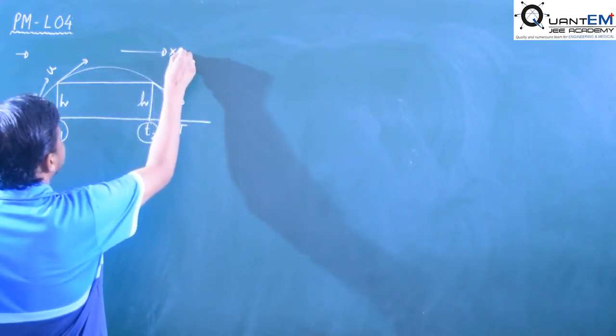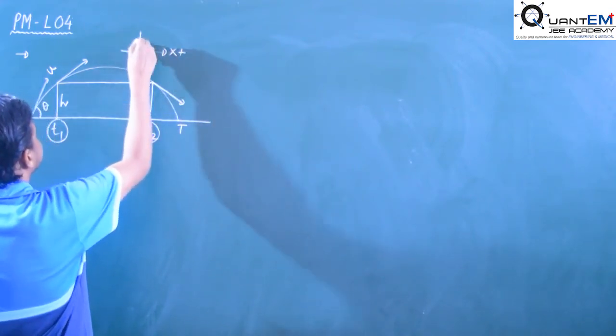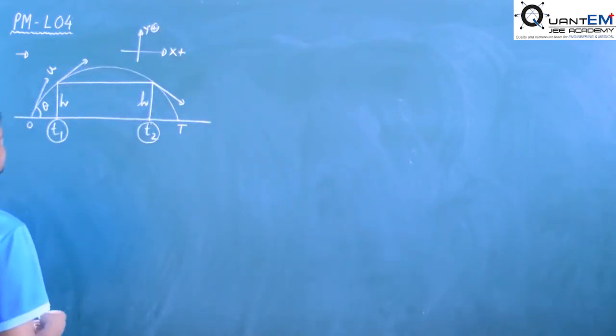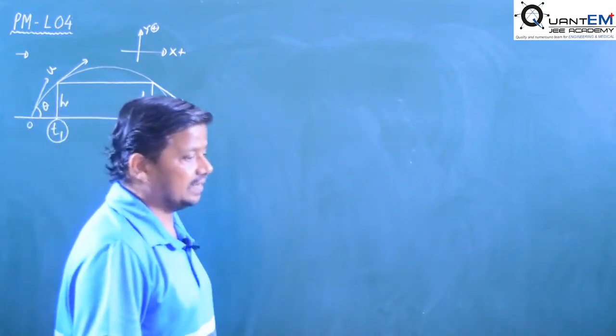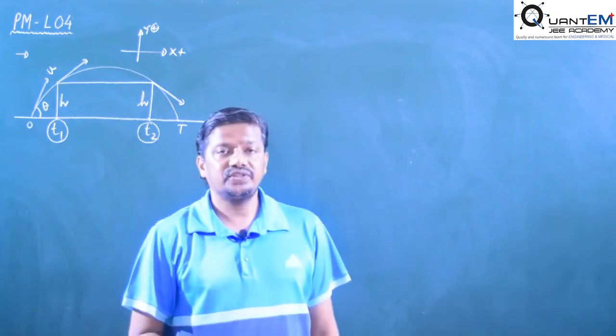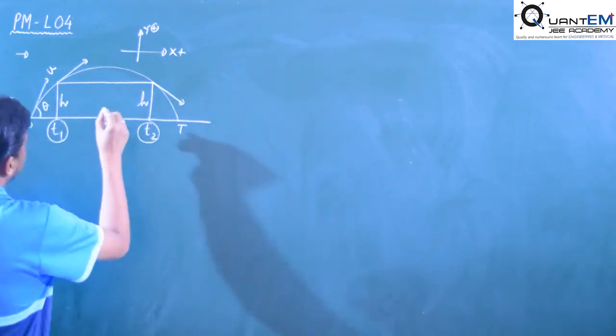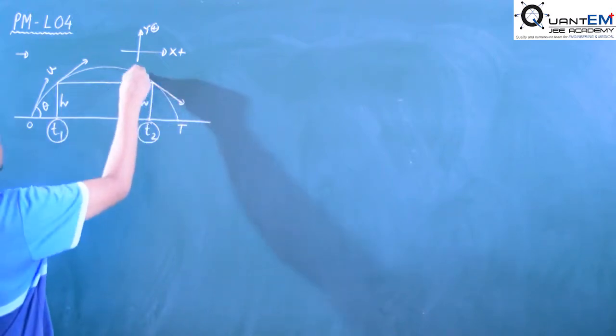Suppose this coordinate is x and this one is y. It is y positive. Okay, so we have to find the relation between displacement and time. Only one kinematical equation we have, s is equal to ut plus half at square, but the displacement is along what? Height is along the y coordinate.